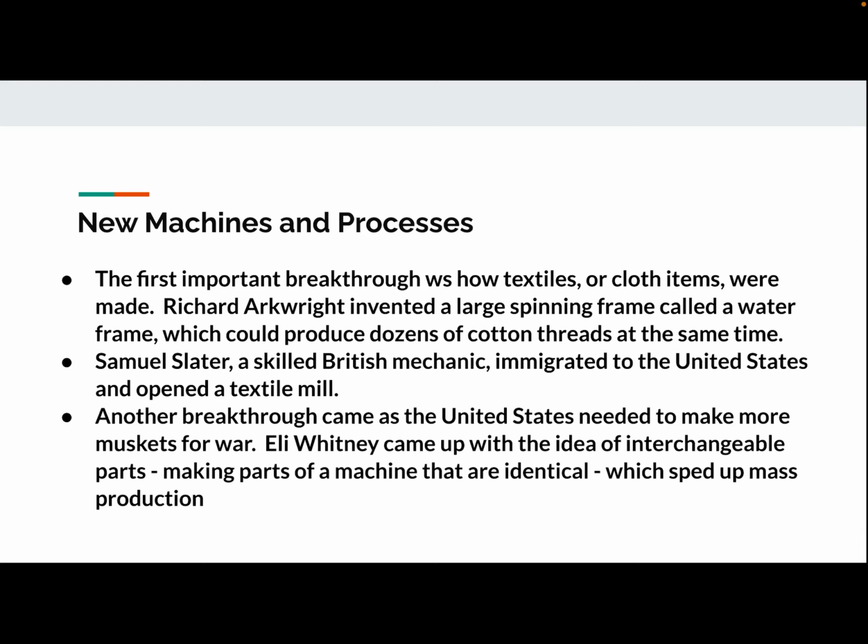Interchangeable parts are able to interchange, to change up the parts.